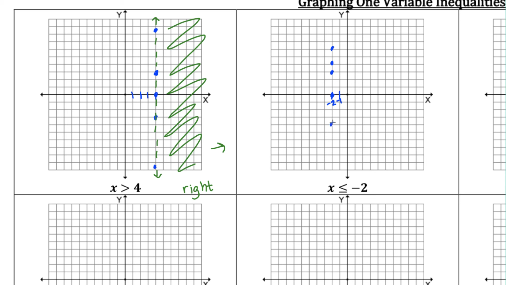This is where x is -2, or these points have x's that are -2. But we want the x's to be less than -2. That means we want the points that are to the left. So right here, and going this way, of course.